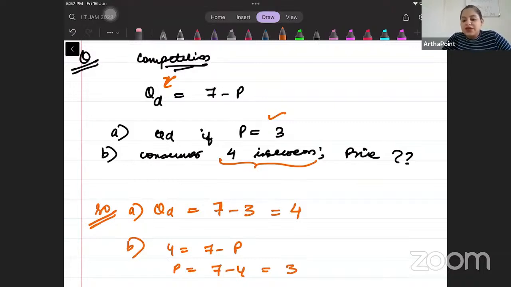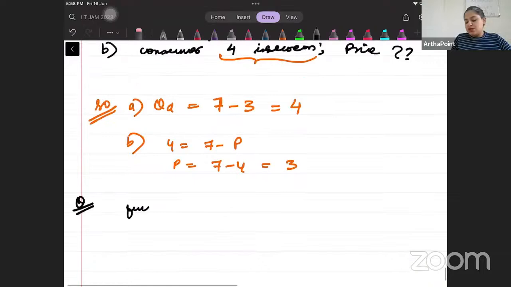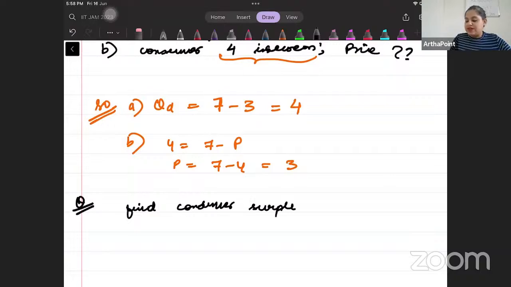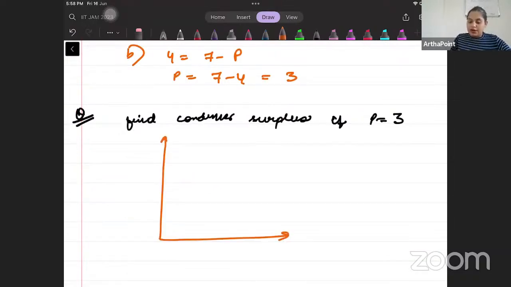Let us further find out more to this question. So now the next part says, find consumer surplus if price is 3. So what is consumer surplus, beta? Consumer surplus is the area above price below the demand curve.